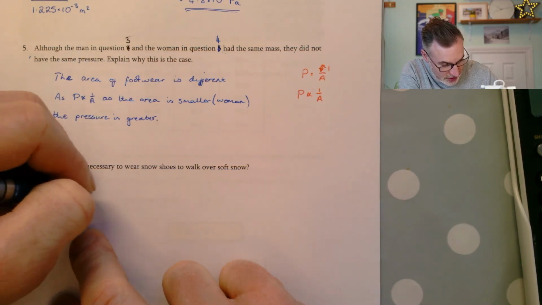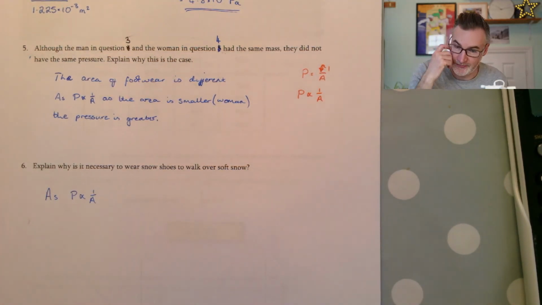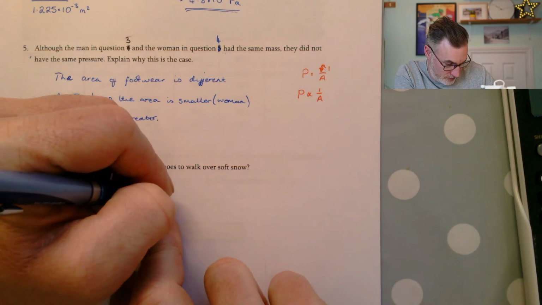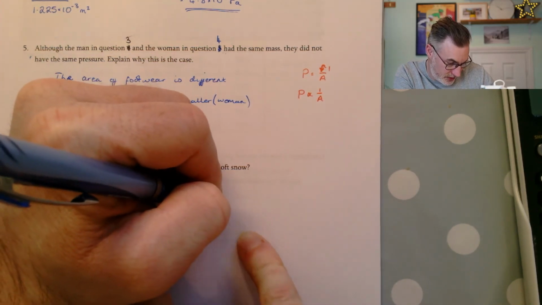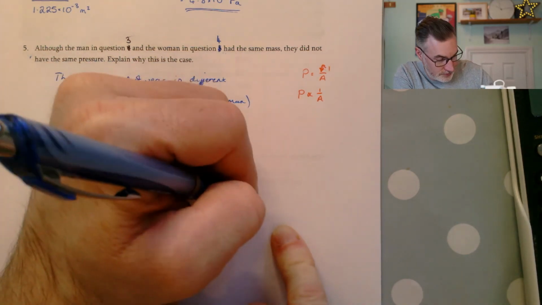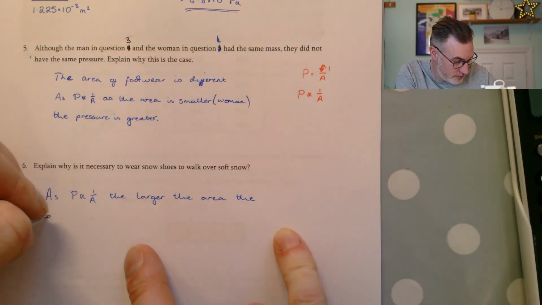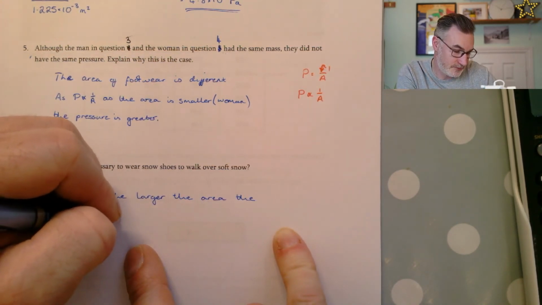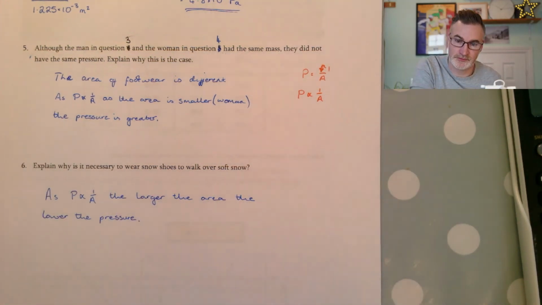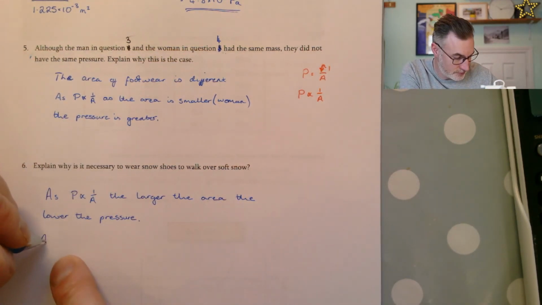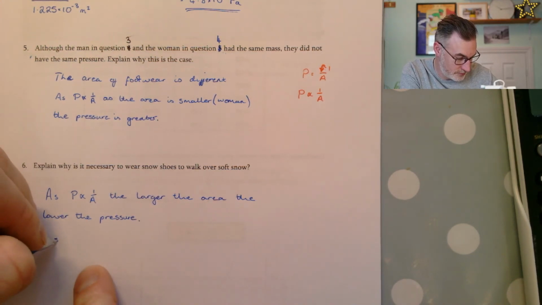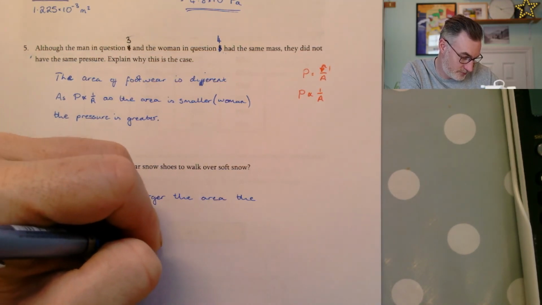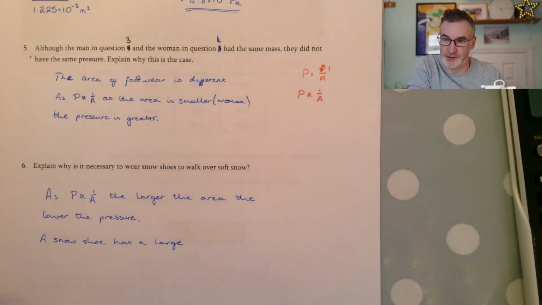As pressure is inversely proportional to area, the larger the area, the lower the pressure. Snowshoe has a large area.